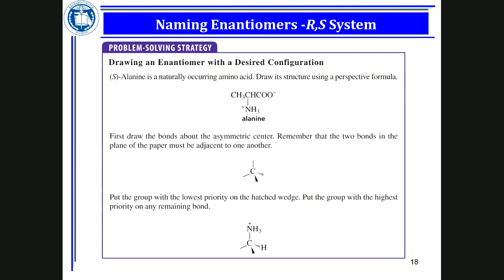Now that you know how to assign R and S, you are set to go and do all the end of the chapter problems and read the full chapter, because the PowerPoint doesn't cover every single example. So you want to practice with this.